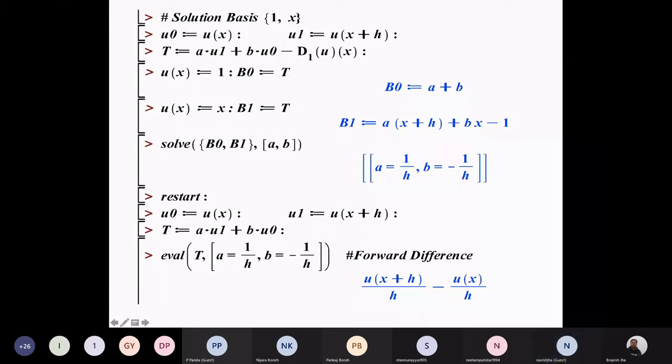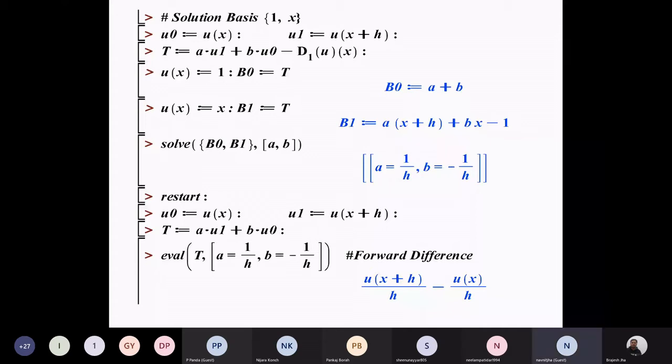Now, just put the values of a as 1 by h and b as minus 1 by h. You get the last blue line as this equation in the linear combination: u of x plus h minus u of x by h. This is basically your forward difference by h. So you have got the forward difference operator using the solution basis 1 comma x.